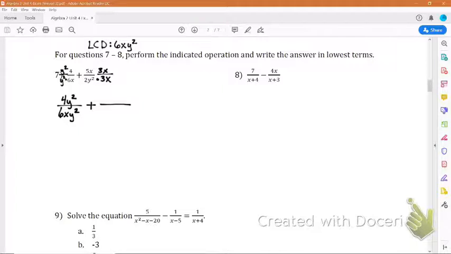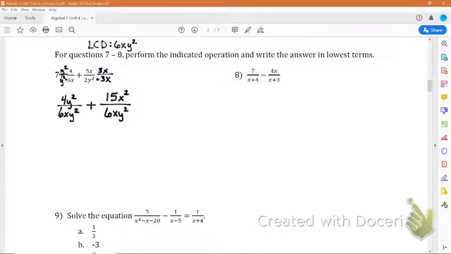So for my numerator, 3x times 5x, well, 3 times 5 is 15, and x times x is x squared. My denominator, 3 times 2 is 6. X times y squared is xy squared.